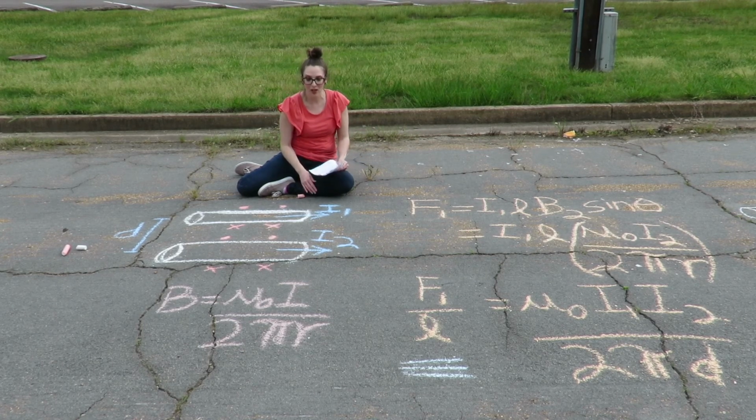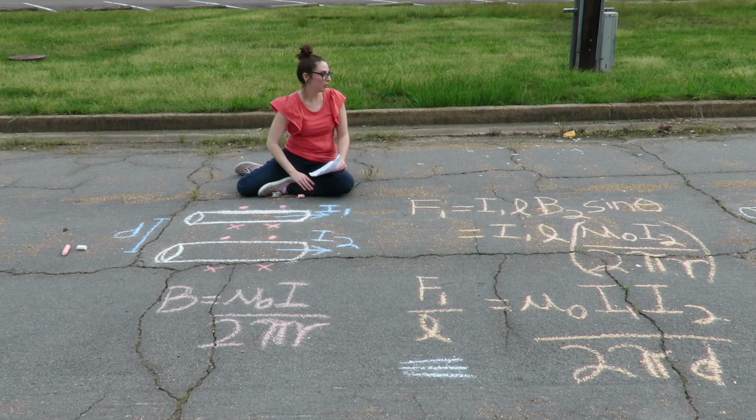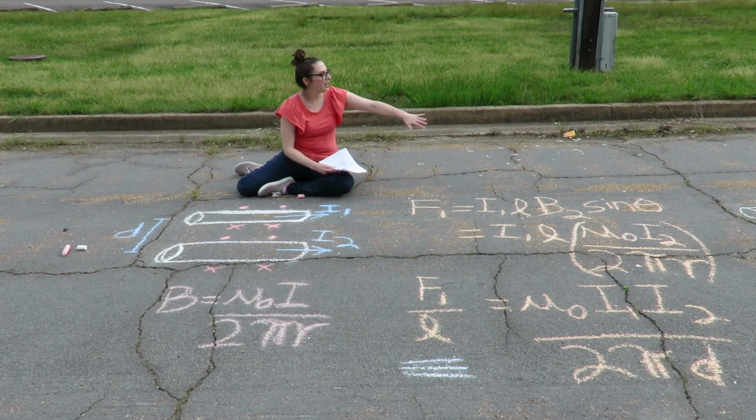And so that magnetic field is going to be the field coming from the second wire next to it. So that's B2, and then times sine theta, okay? Where theta is the angle between your current and your magnetic field. And these are perpendicular, so sine theta here is going to be sine 90, it's going to be 1.